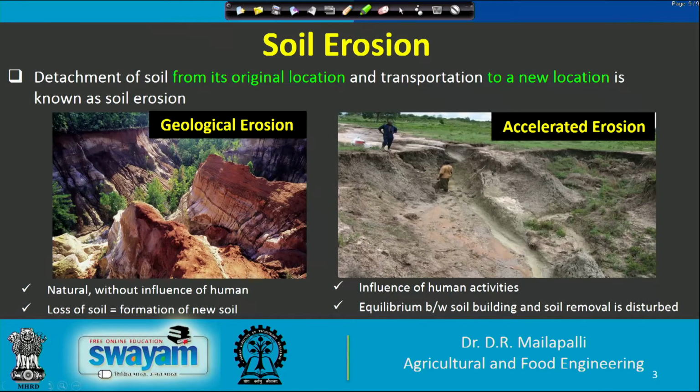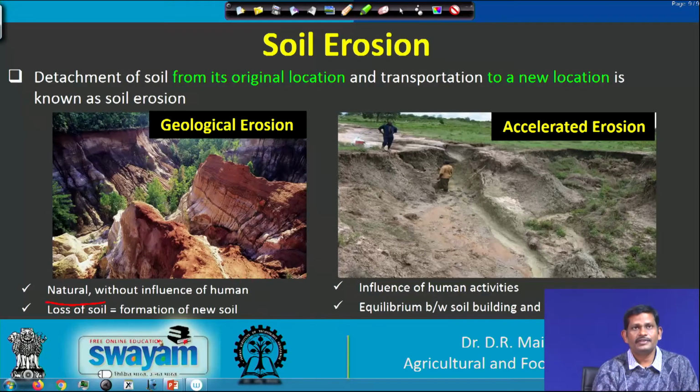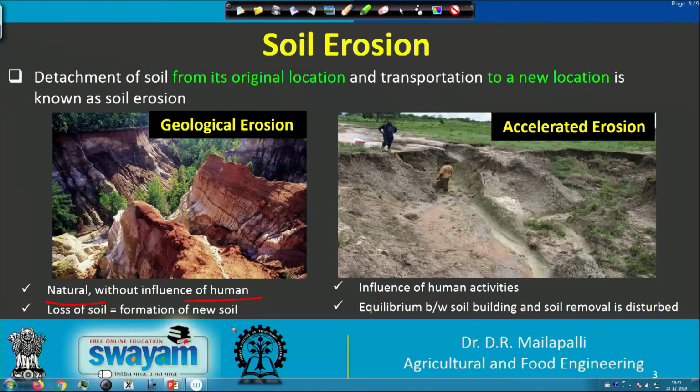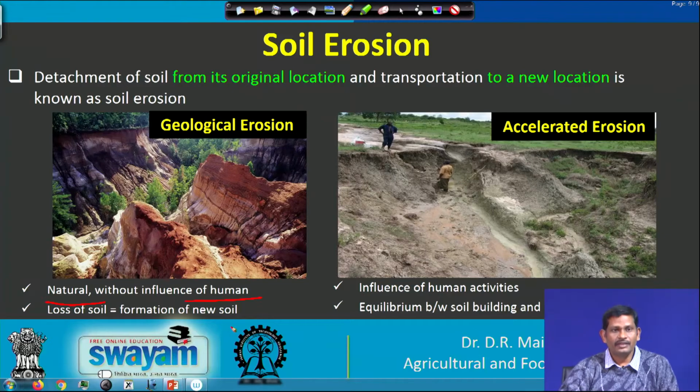Broadly, it is classified into geological erosion and accelerated erosion. Geological erosion is natural, without the influence of humans, and the loss of soil is equal to the formation of new soil, but it takes years to form the new soil.